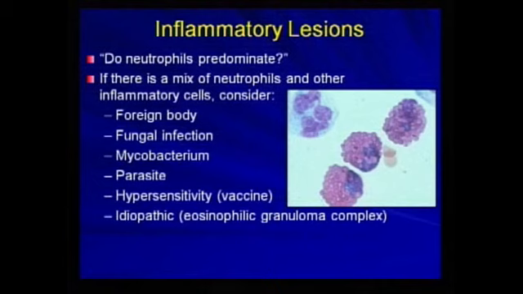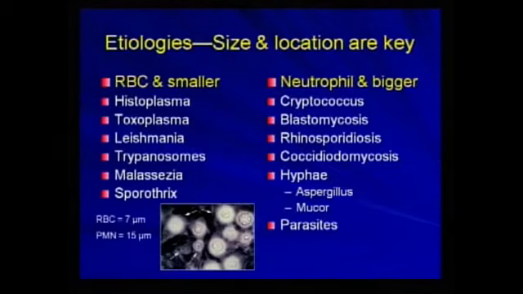Okay, if they predominate, look at the proportion of neutrophils, and if there's a mix, you want to consider things we talked about: foreign bodies, long-standing bacterial infections, fungal infections, some parasites. Sometimes if you have eosinophils, you might want to think about hypersensitivity and some idiopathic conditions.